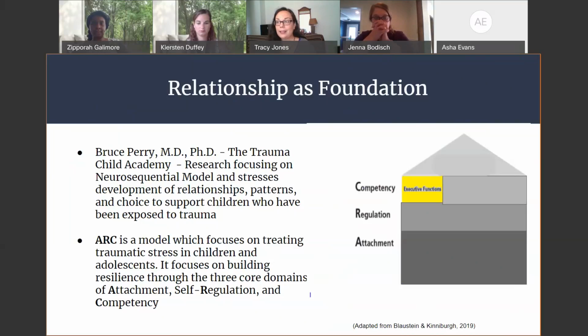Prior to being with the Schenectady City School District, I worked with an agency that spanned a continuum of residential, school-based day treatment, community-based interventions, and outpatient counseling, in addition to foster care and using some functional family therapy. They took Bruce Perry's model and really looked at how we can bring in some of the regulation.